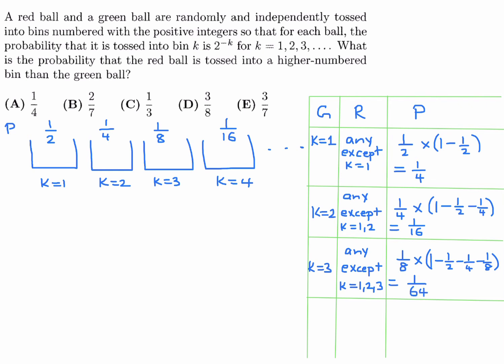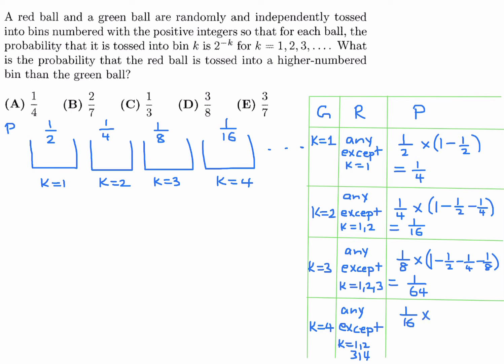Okay, some of you probably have the pattern figured out, but in case you don't, we'll just do one more. If it goes into k equals 4, the green one, then r has to go into any, but it cannot go into k equals 1, 2, 3, or 4. All right, so that means the probability that g goes into k equals 4 is 1 over 16.